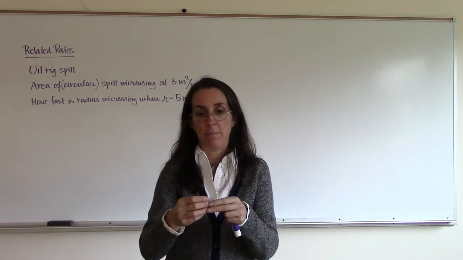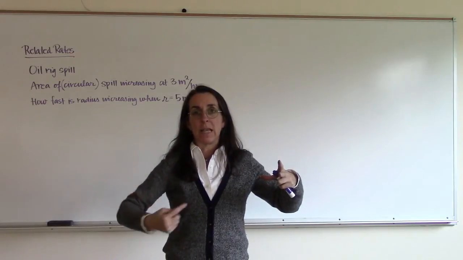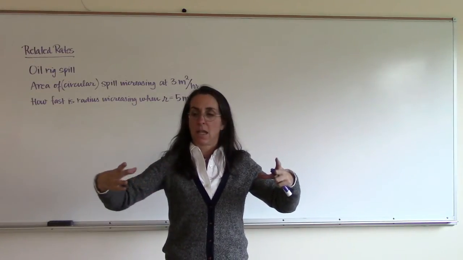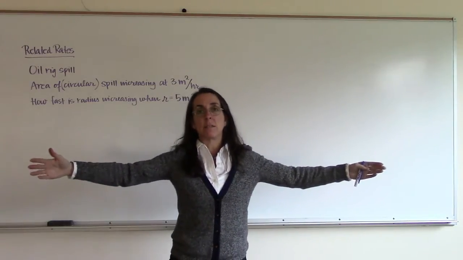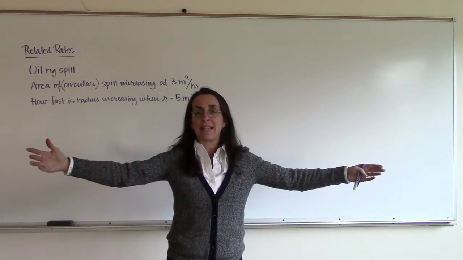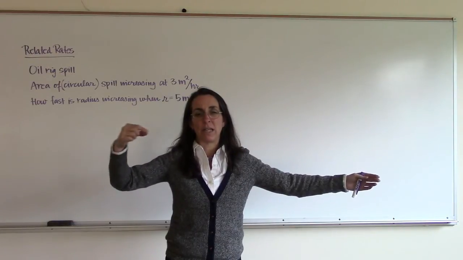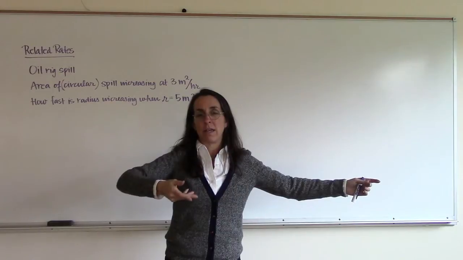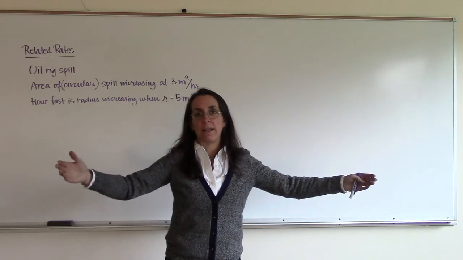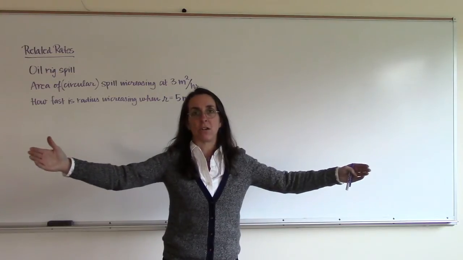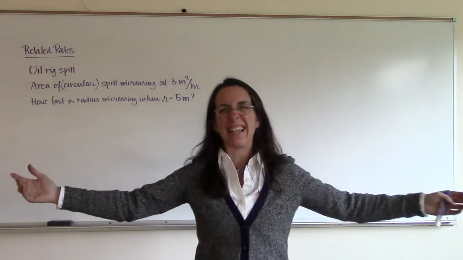Because boom, here it comes. But as it gets bigger and bigger, the same amount of oil has to spread out over a huger distance. And by the time the spill gets pretty big, it's kind of hard to tell that it's growing at all, right? Because the same amount of oil is feeding it per hour, but the rate at which the sides are growing out is slowing down. Do you see that? Does that make sense?